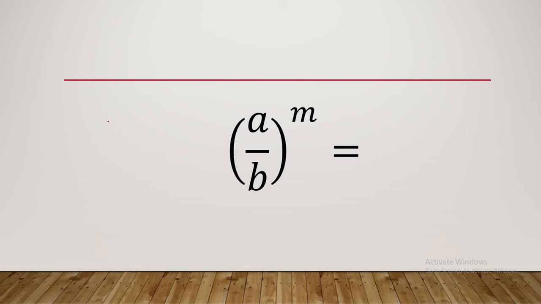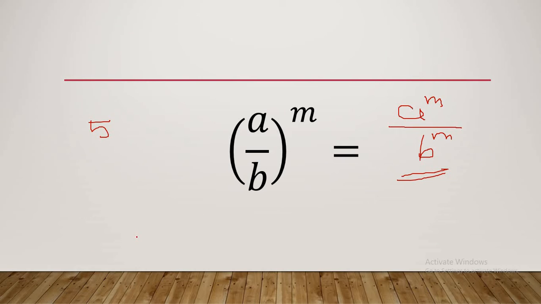In indices, we say a^m, a raised to the power m, you are dividing it by b raised to the power m. Remember, the bases are not equal, so whatever is in the parentheses, you raise it to the power m individually because they have different bases. Okay? So this is the final expression.